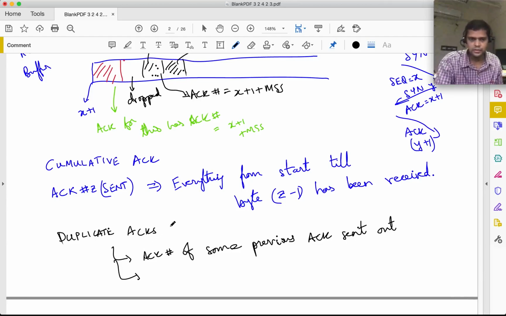They don't tell you which one, but they tell you that I have received one. Okay, so in this particular case, ACKs were sent for these three. So we definitely know that this one was received because the ACK number has gone to 1 byte after this particular segment. But if I get 2 more ACKs, it's telling me I got 2 more segments, but it's not telling me which of the future ones that I sent out I got. Okay.